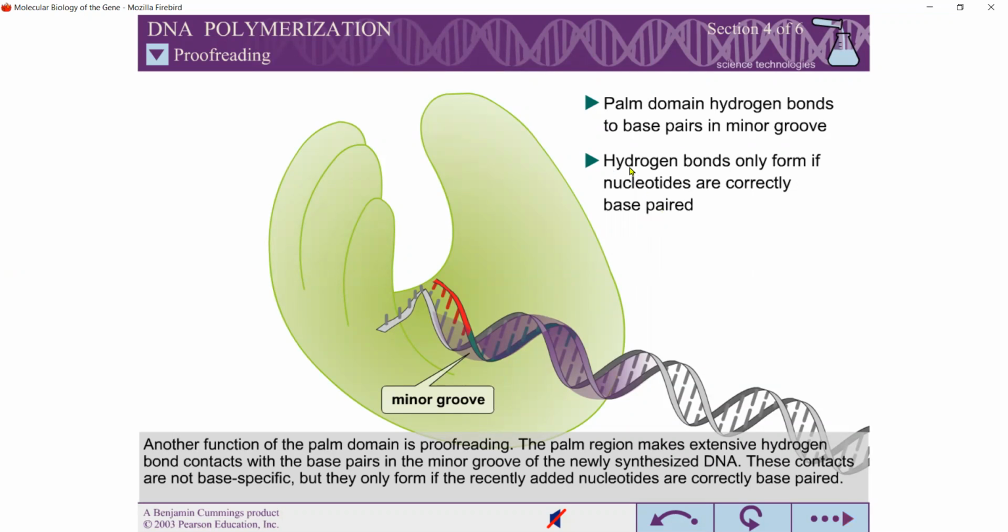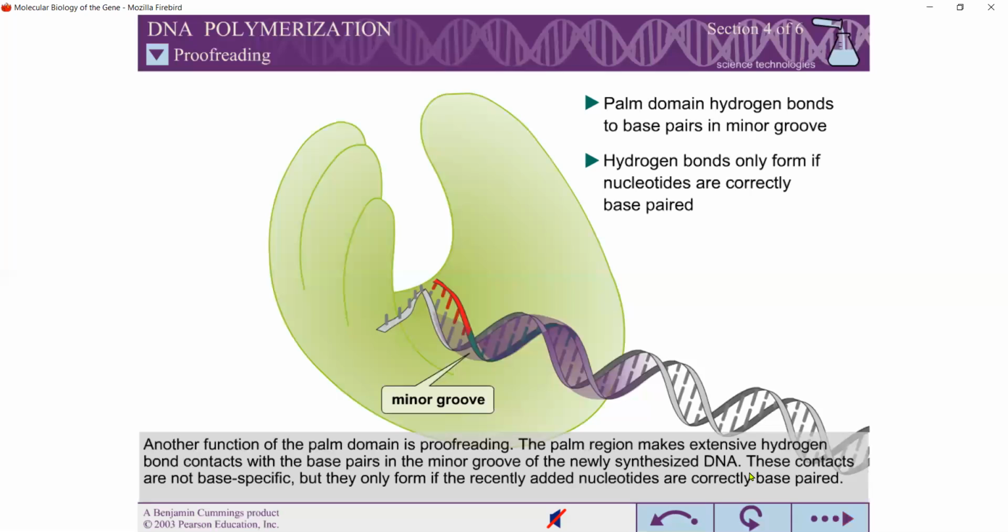And this is very important: hydrogen bonds only form if nucleotides are correctly base paired. So if the nucleotides have been oriented correctly, only then do the hydrogen bonds form. Keep another thing in mind: these hydrogen bonds are not base specific. They depend simply on whether the nucleotides are oriented correctly.